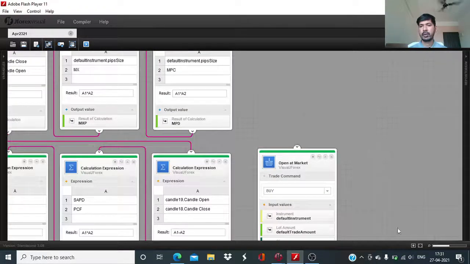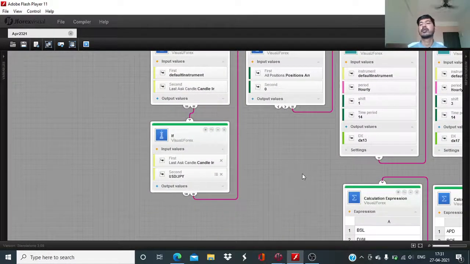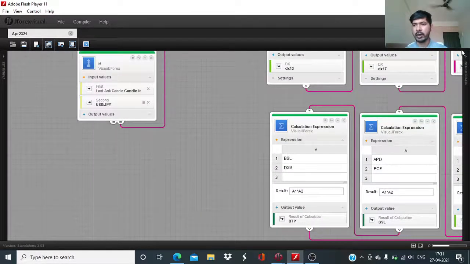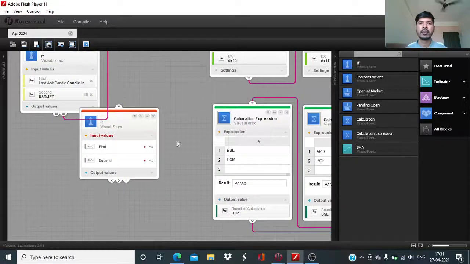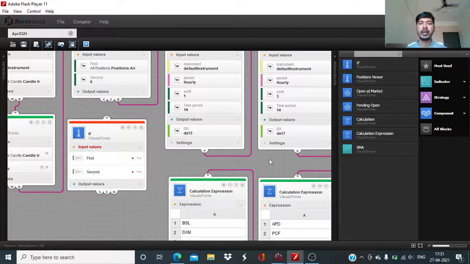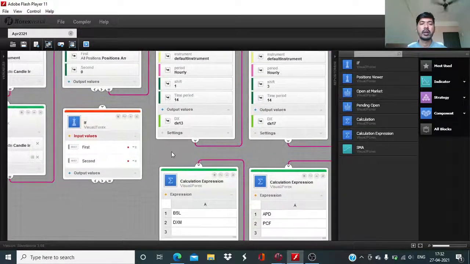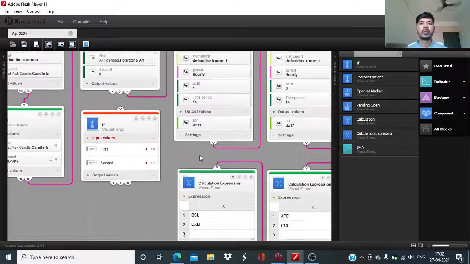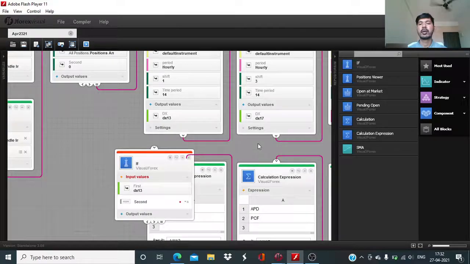Now let us start defining the conditions for the execution of the order. And we need last hour dx value to be more than twice of the prior hour's dx value.